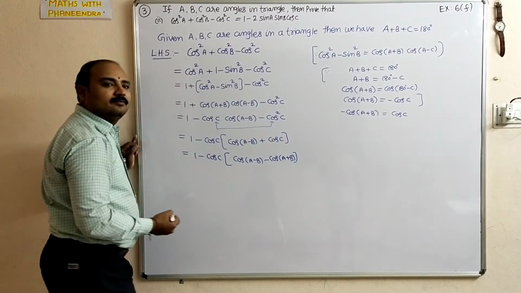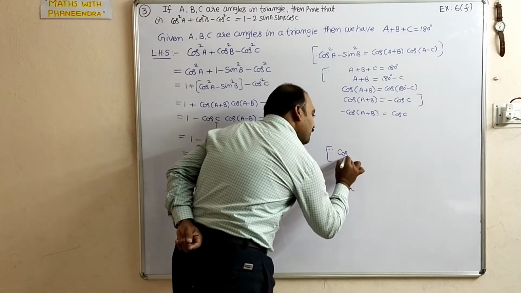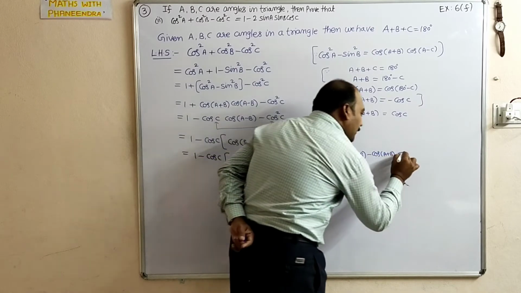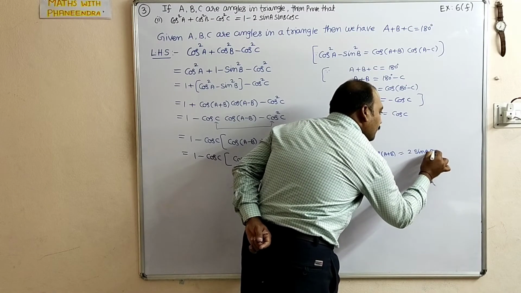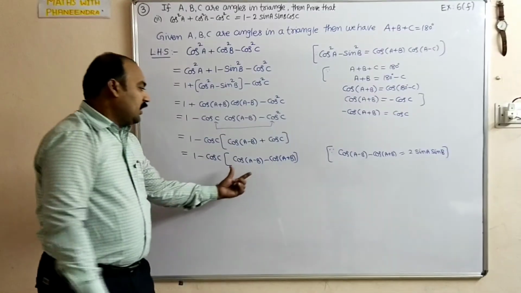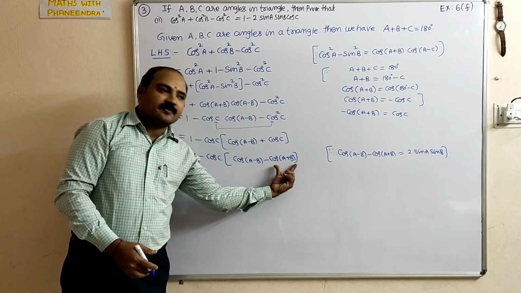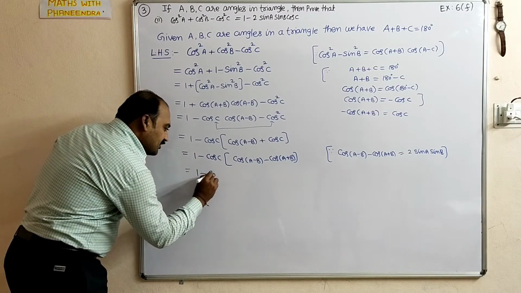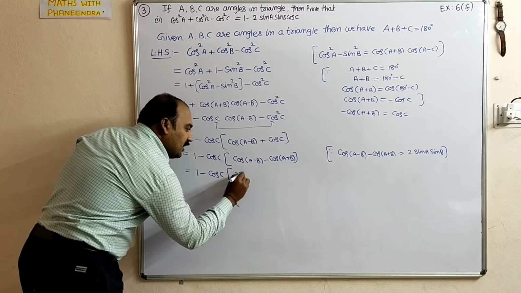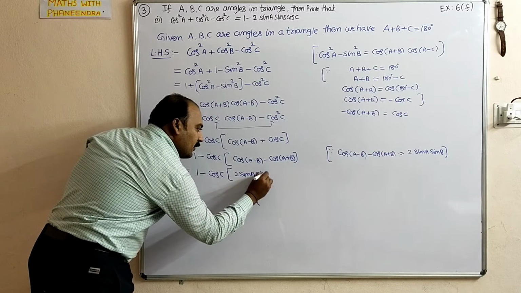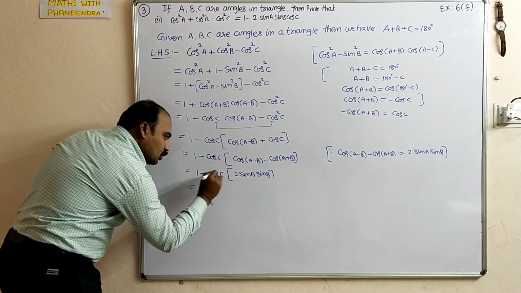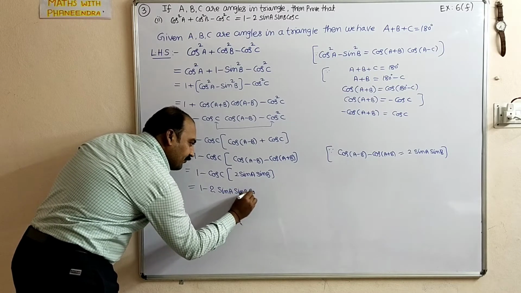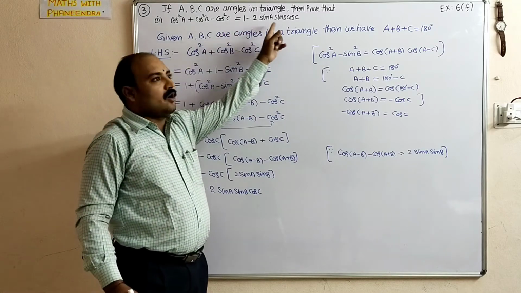Again we have a formula. Which formula do we have? Cos of A minus B minus cos of A plus B is equal to 2 sin A sin B. Suppose you do not remember this formula, at least write the cos of A minus B expansion and the cos of A plus B expansion and then simplify, you will get the answer. 1 minus cos C into 2 sin A sin B. Actual multiplication you have to do: 1 minus 2 sin A sin B cos C, which is only what they are asking to prove, the RHS.